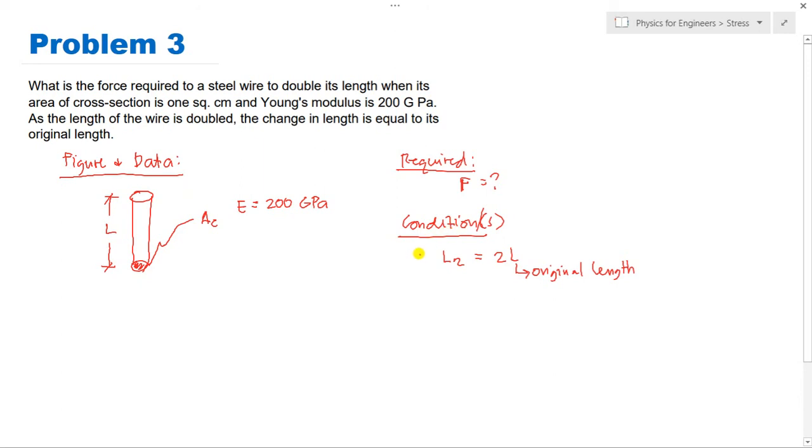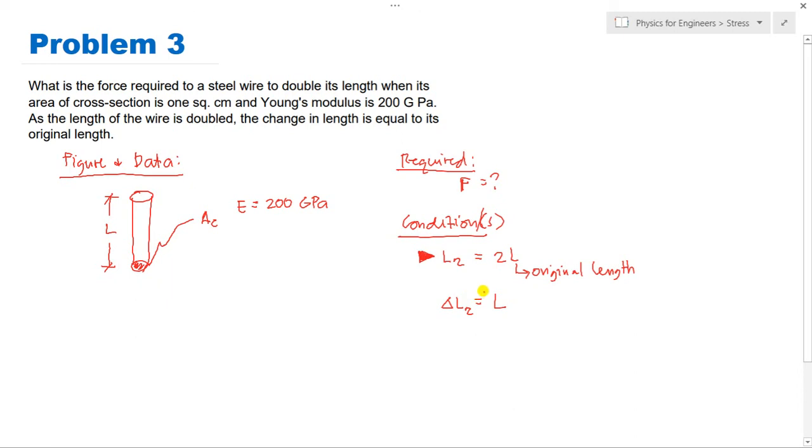Within this second condition, if the length is doubled, the change in length, the deformation, that is delta L, is equal to the original length L. So meaning this is delta L2, since this is the second condition.